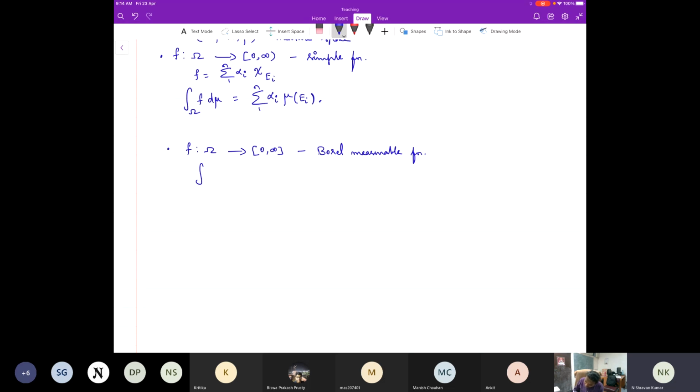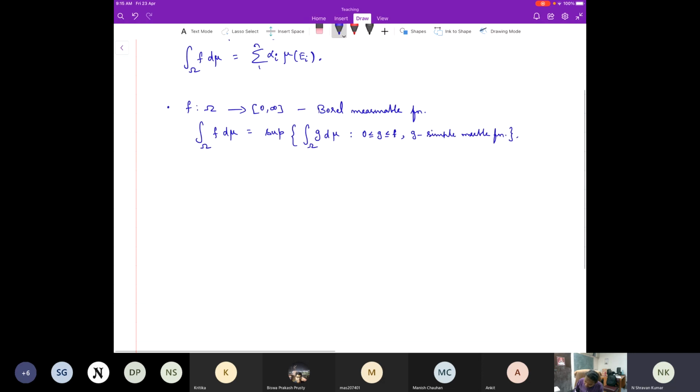In that case we defined the integral over Omega of f d mu as the supremum over the integral over Omega of g d mu, such that 0 is less than or equal to g, which is less than or equal to f, and g is a simple measurable function. So this is how we define it.